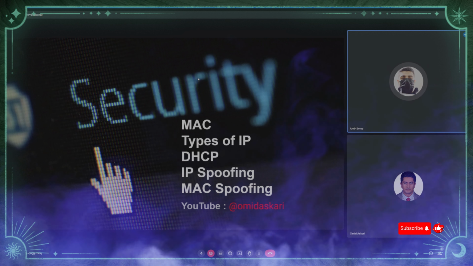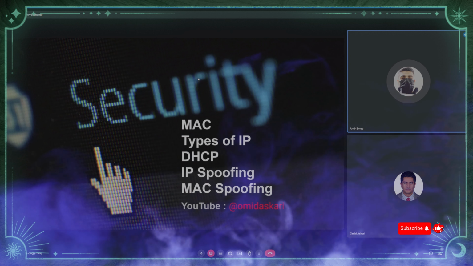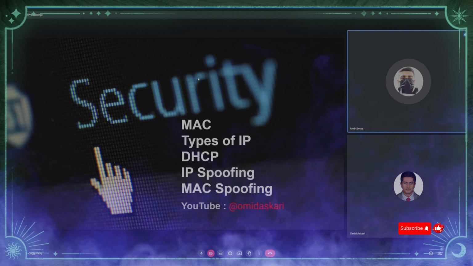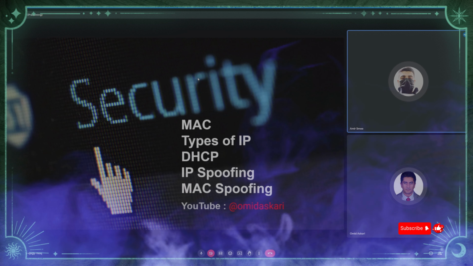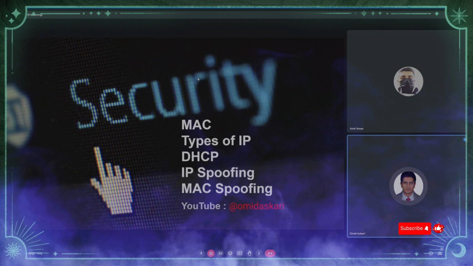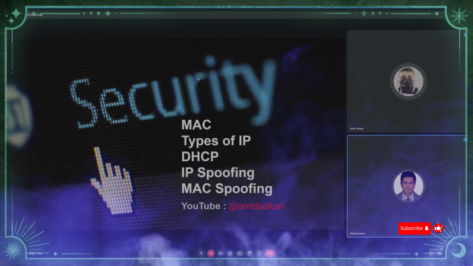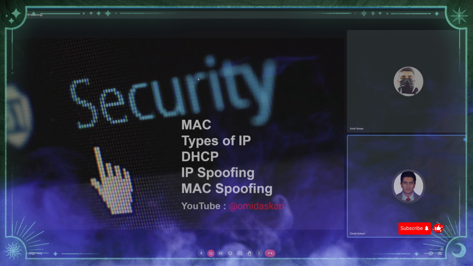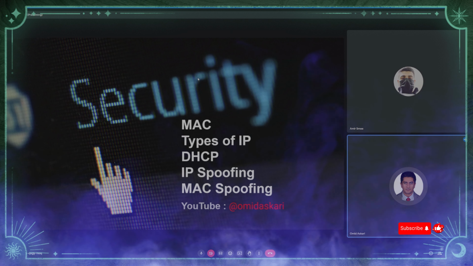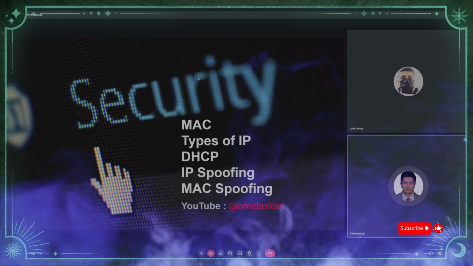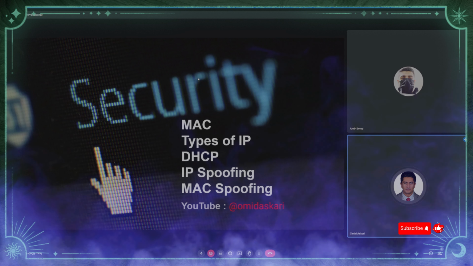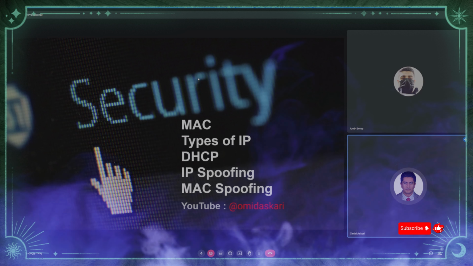I don't have enough information about this. Some of the emerging technologies that could be used to address the challenges of IP address and MAC spoofing include blockchain, network slicing, and artificial intelligence.